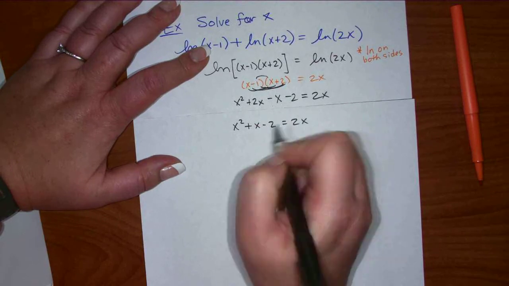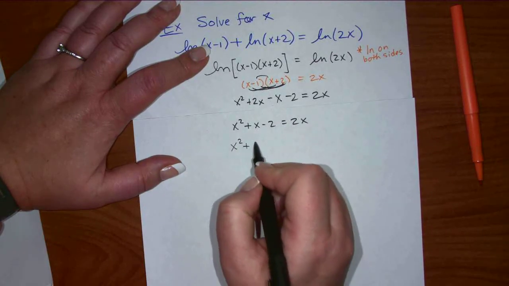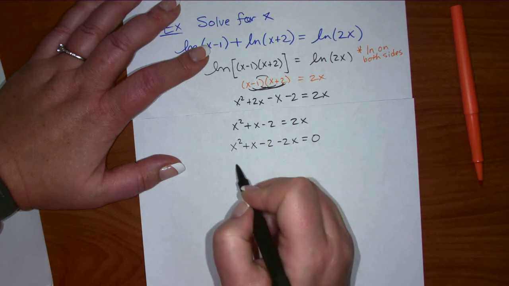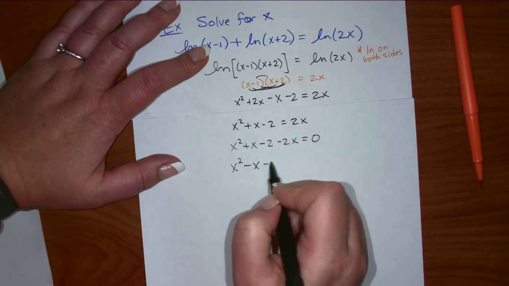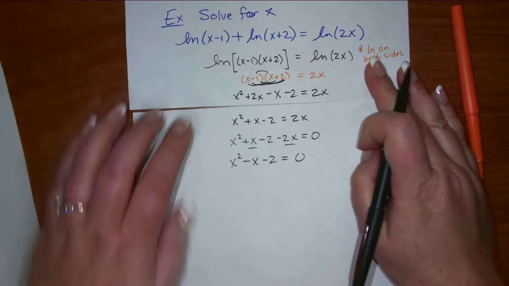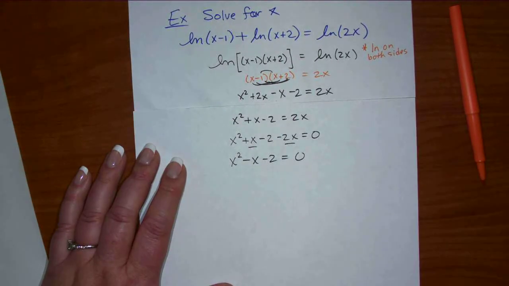Bring the 2x over. So x squared minus x minus 2. Compare the like terms. There we go. So now you can try to factor it. And it has to say equal 0 before you can factor.